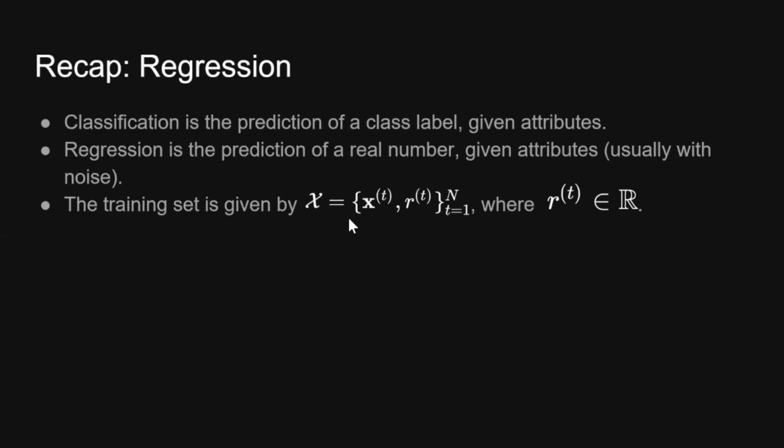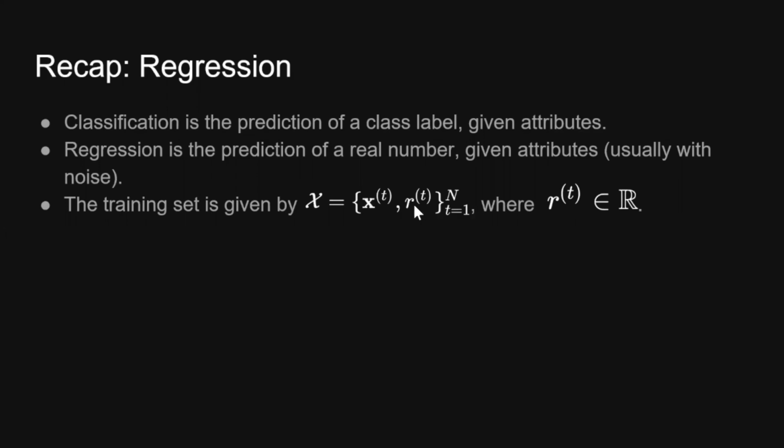For notational convenience, this is the notation that we'll be using to discuss our regression models. X is a feature vector. R is a real number that we're predicting. In case of regression, R is usually in the real number space, so it can be any number.